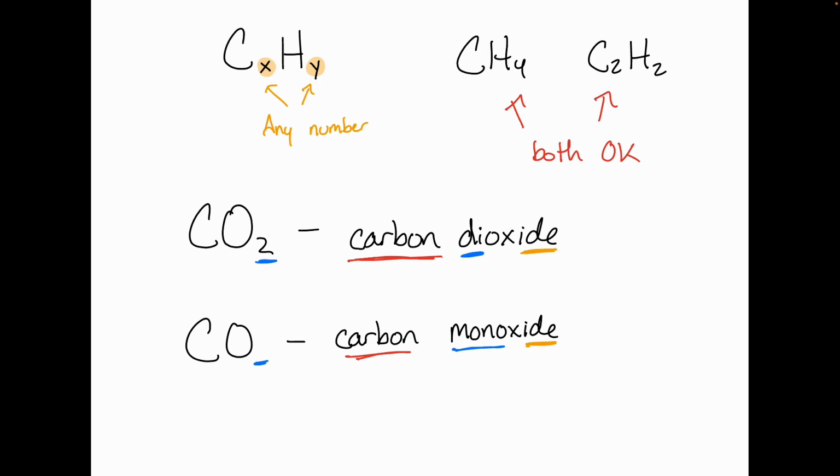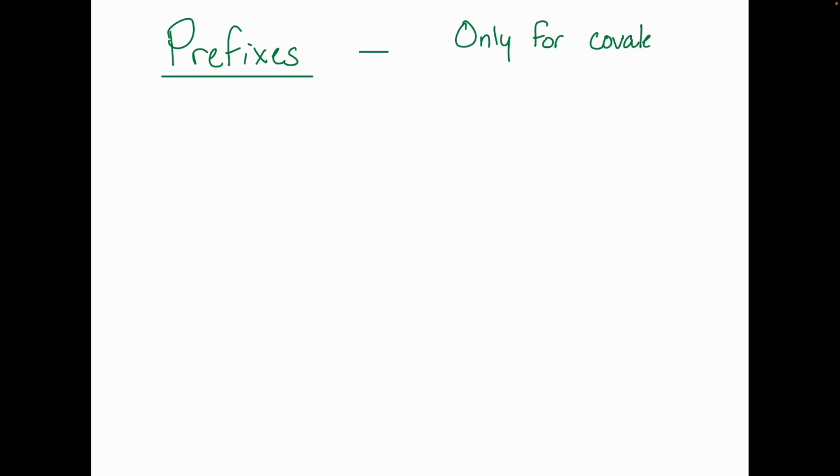Cool, so we got some prefixes to work with here. We're gonna make a little prefix cheat sheet here. And up at the top, we're going to make a note so that we don't get confused, because this is the big mistake that everybody makes: these prefixes are only for covalent compounds. Notice how we didn't use a mono or a di or a tri anywhere when we were talking about our ionic compounds.